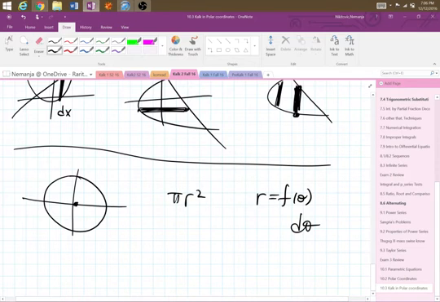As soon as you have this d theta here, that means that you have to have a function to integrate, which would be your function f of theta. There's going to be some kind of integral from some kind of theta 1 to theta 2, right? This is incomplete, but this is how you build formulas, right?